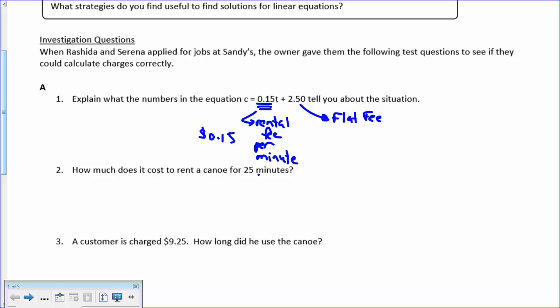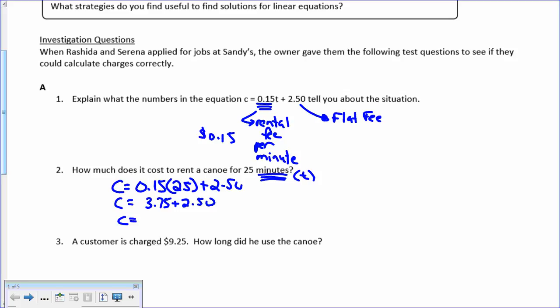Minutes deals with the variable t, so we're going to take 25 and plug that in for t and solve for C. When I take 25 and multiply it by 0.15, I get 3.75, and 3.75 plus 2.50 is $6.25. So the cost of renting a canoe for 25 minutes is $6.25.